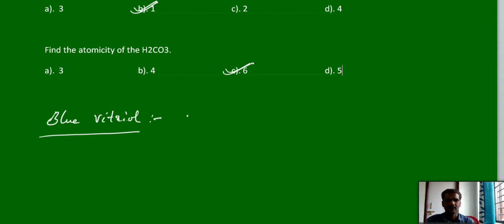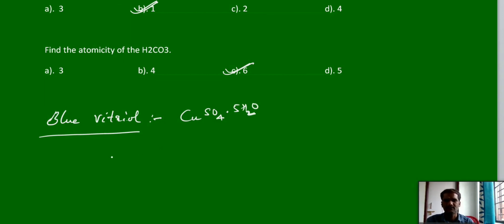Crystalline copper salt. Okay, chemical formula, tell me. CuSO4 into 5H2O. So this is blue vitriol.